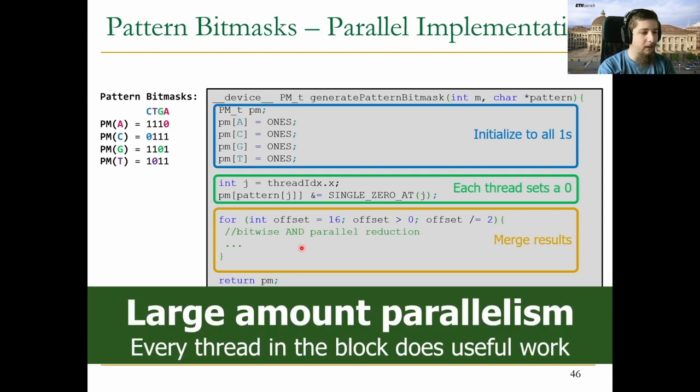Now this is much better because you have a large amount of parallelism. Every thread in the block does useful work, and mainly the speedup you get is that this loop here is much shorter than the loop that we had before. Before, the loop ran over the entire pattern, and here it's a logarithmic-length loop.